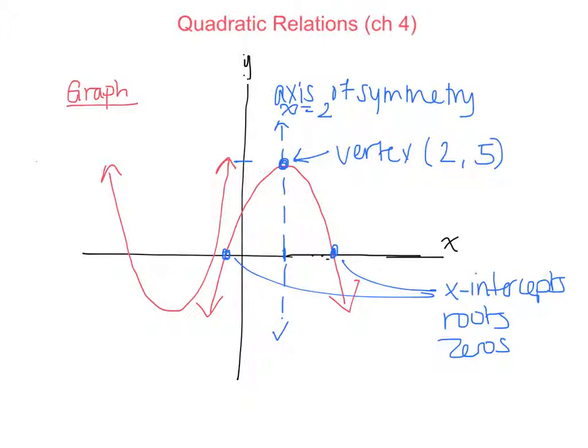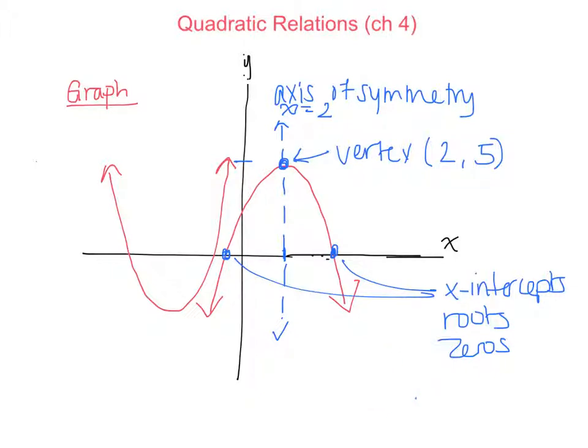A parabola can have 2 x-intercepts or 2 roots. It may, however, also only have one if the vertex lies exactly on the x-axis, like that one right there. Or it might not have any at all if the parabola is somewhere down here and never crosses the x-axis. So just keep in mind it could have 0, 1, or 2 x-intercepts.